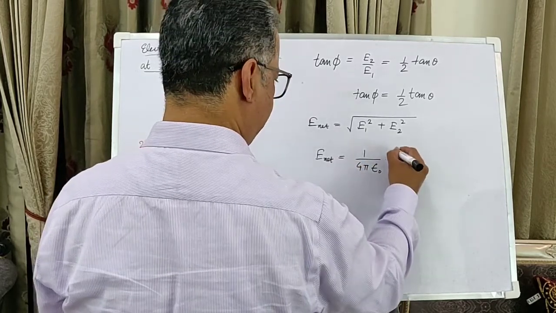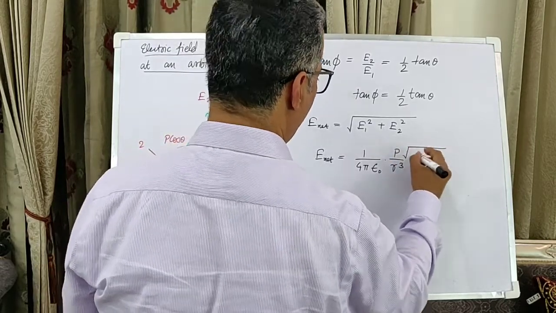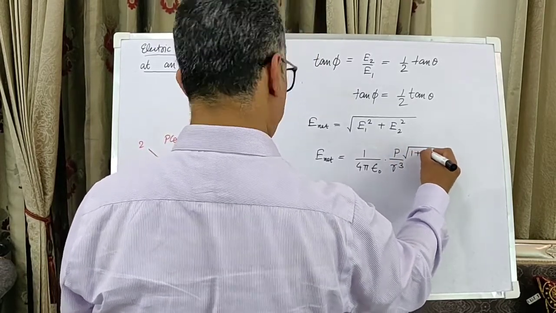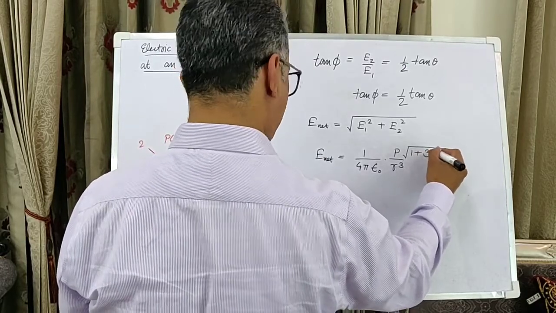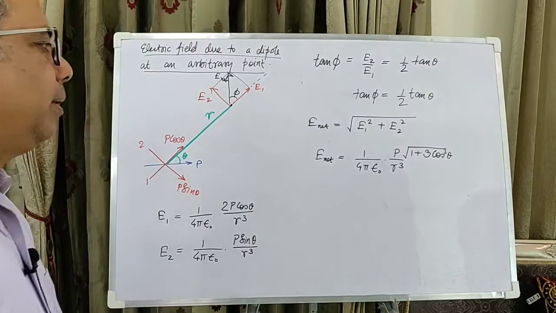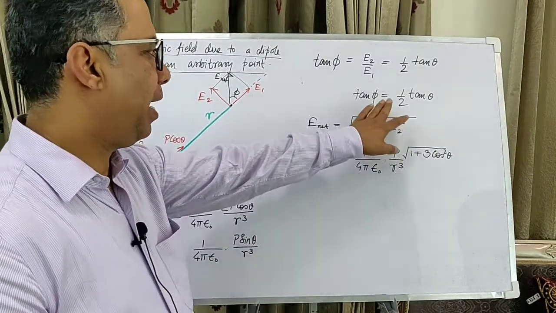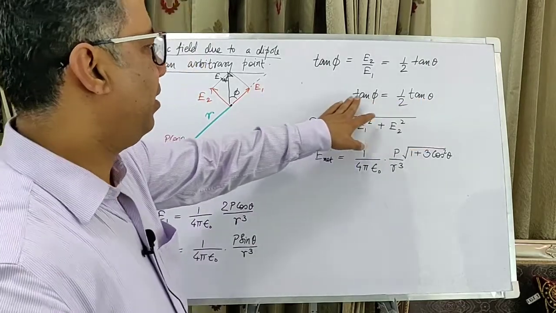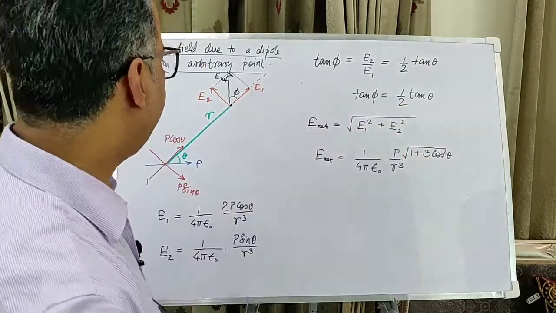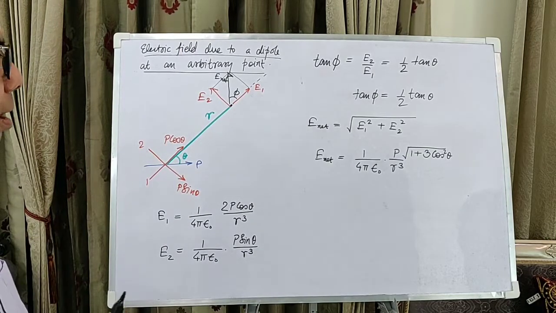And so we have over here p by r cube times root of 1 plus 3 cos squared theta. So that's the magnitude of the field, and the direction is given by this rule here. This is the electric field due to a dipole at some arbitrary point.